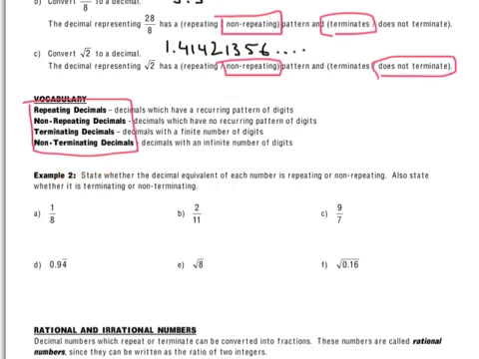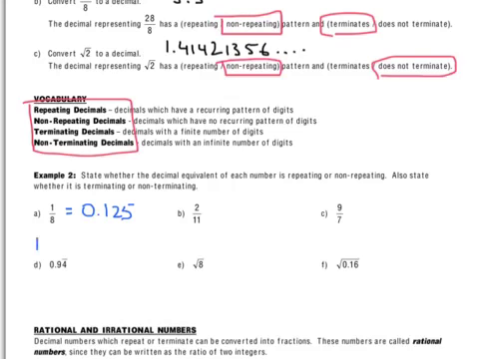State whether the decimal equivalent of each number is repeating or non-repeating, and also state whether it is terminating or non-terminating. Okay, let's look at example number 2A. So 1 over 8, or 1 divided by 8, is the equivalent of 0.125. I don't see a pattern there, so it is non-repeating.